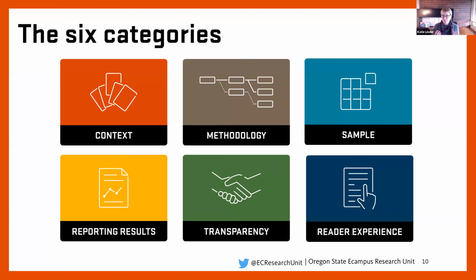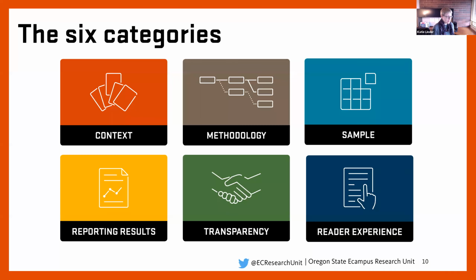So they know the basics of research design and methodology, and the kinds of things that we had questions about as we were reading these reports are often very basic research design and methods elements. And so we also looked to things like research design and methods textbooks to help us decide what are the things that we really felt were core when it came to evaluating the quality and the rigor of these reports.